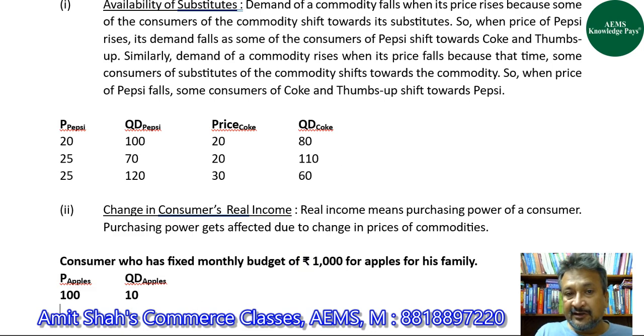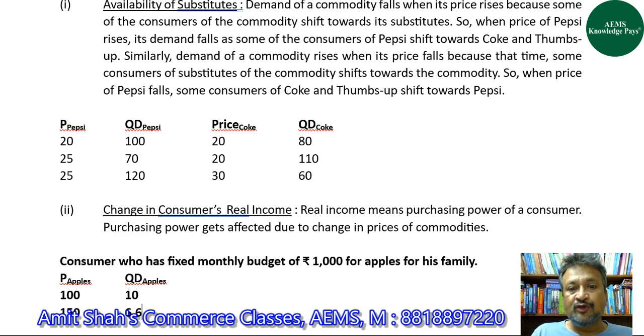However, when price of apples becomes 150, he would be able to purchase only 6 kgs and some grams. Let me calculate that. It is 1000 divided by 150, that is 100 divided by 15, around 6.6 kgs.